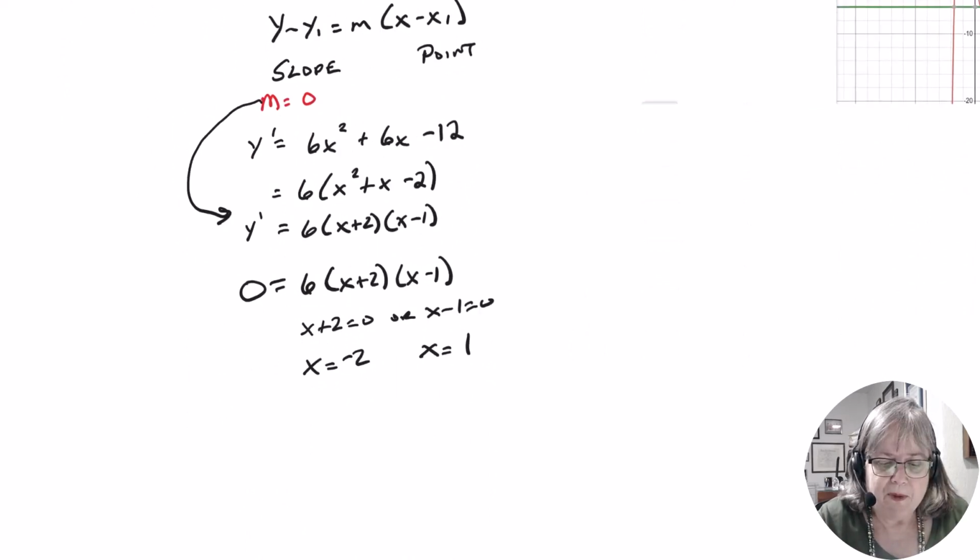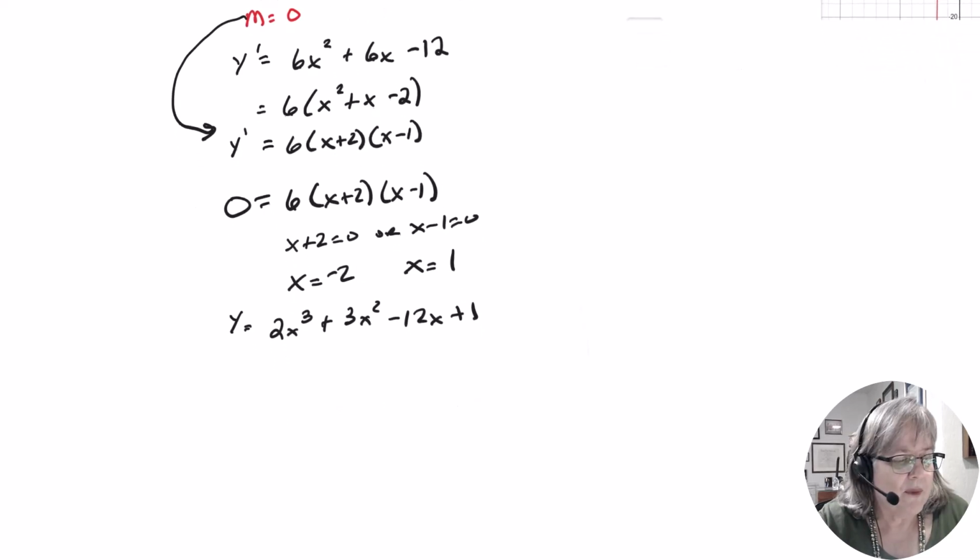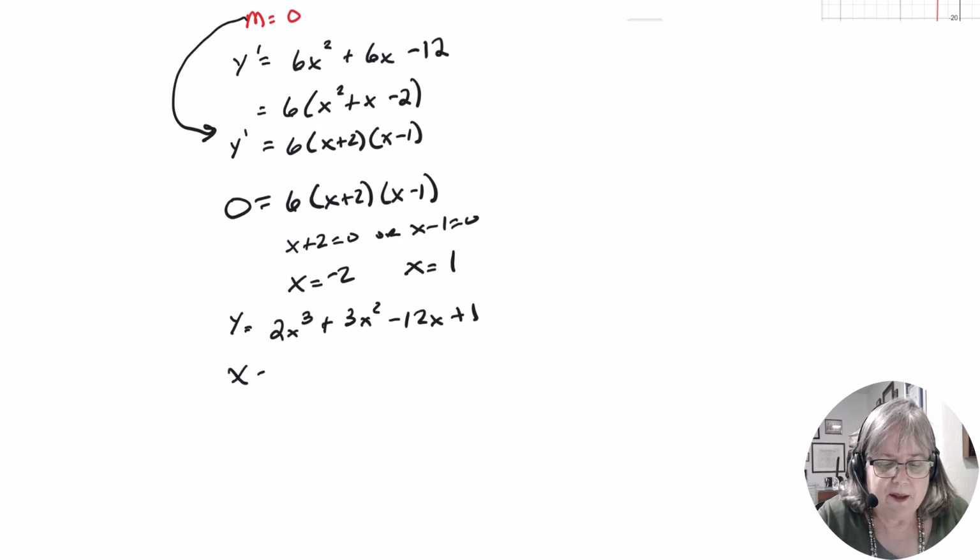If we have y equals 2x cubed plus 3x squared minus 12x plus 1, then if x is negative 2 and you substitute negative 2 everywhere, I get y equal to 21.